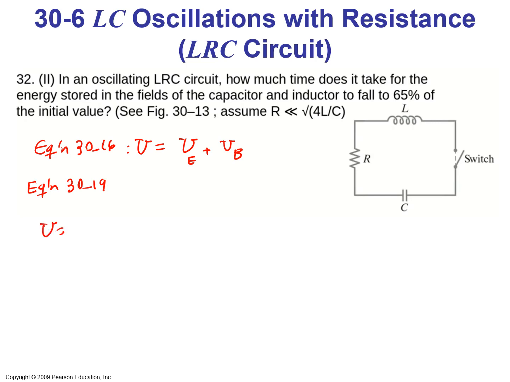So let's write down U is equal to charge squared over 2C for the electric energy plus L I squared over 2 for the magnetic energy.